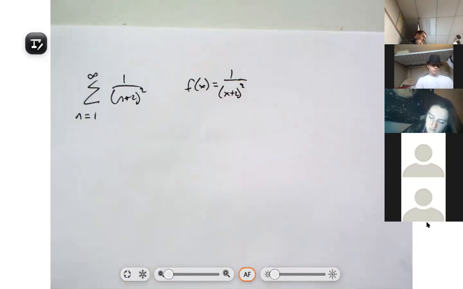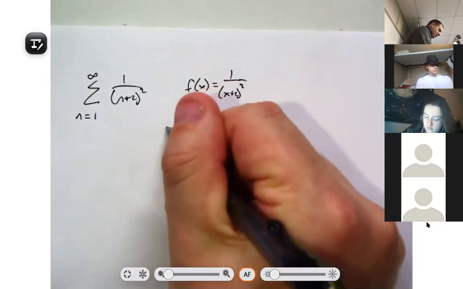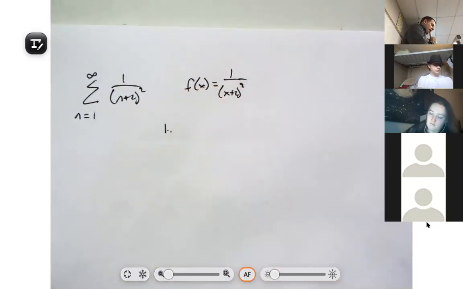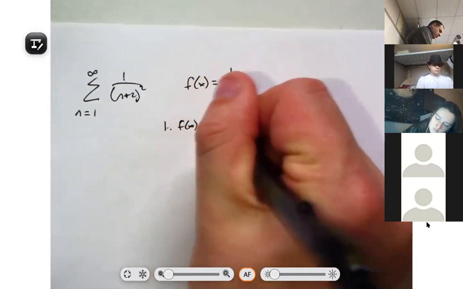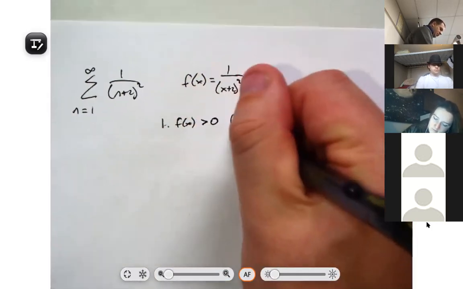The first thing I want to do is make sure that I can even use the test. So I have to think about my conditions. Is it positive? Yes, this function will always be positive, so f of x is greater than 0, especially for x greater than or equal to 1.